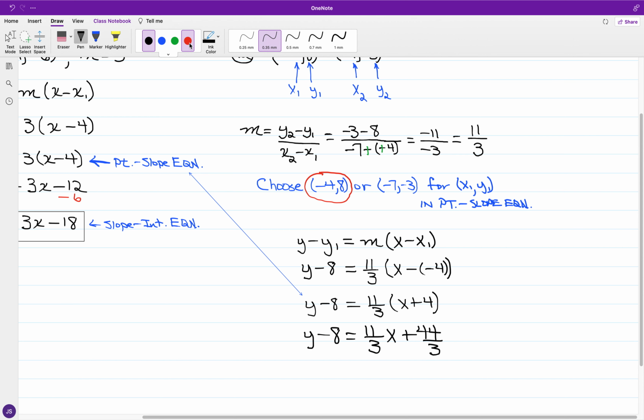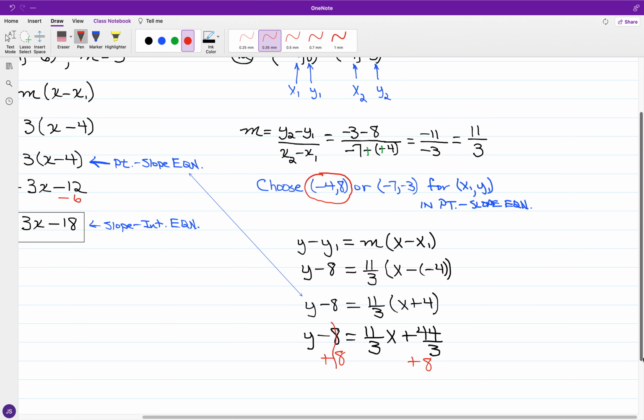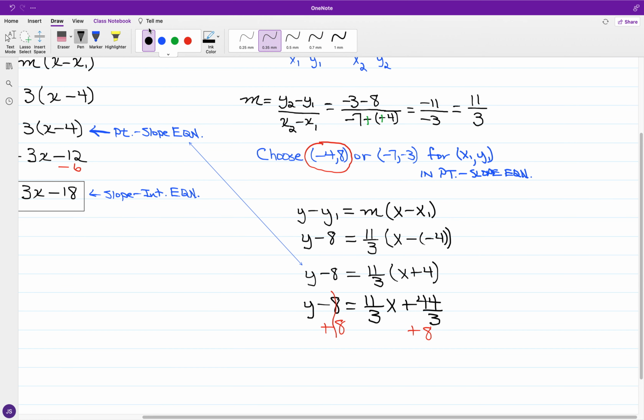Looking at isolating the y, we can add 8 to both sides. Now we have y is equal to 11/3 of x. For the constants, we have 44/3 and 8.